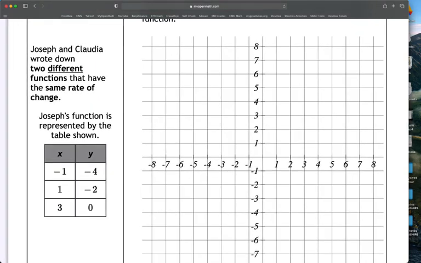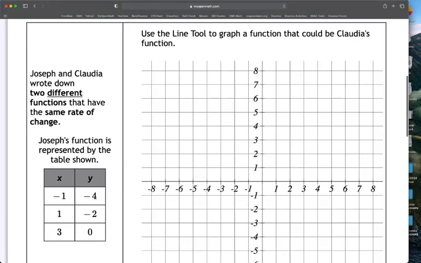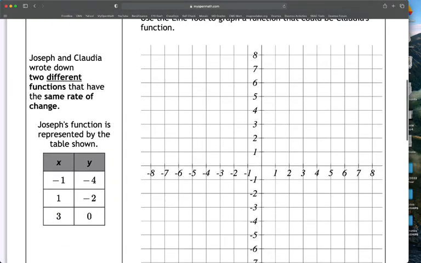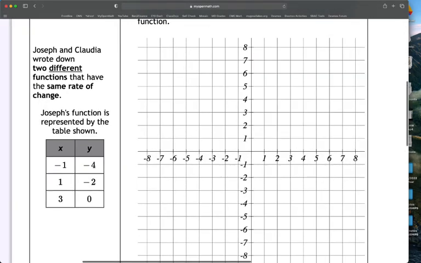So now Joseph's function is given by the table right here. The first thing we're going to need to do is figure out what Joseph's rate of change is, and then figure out what his y-intercept is, because Claudia would have a function that would have the same rate of change but has to be a different function. So let's first of all start with the slope. Just remember, slope is the change in y values over the change in x values.